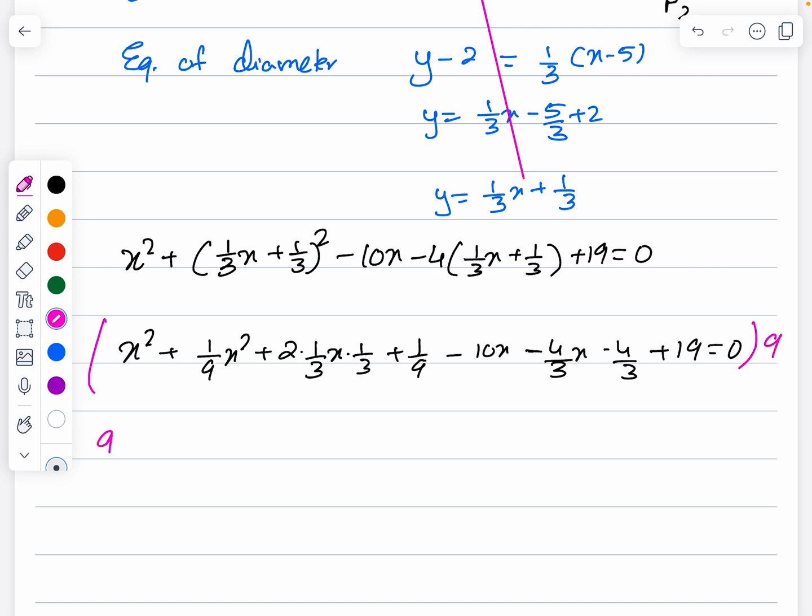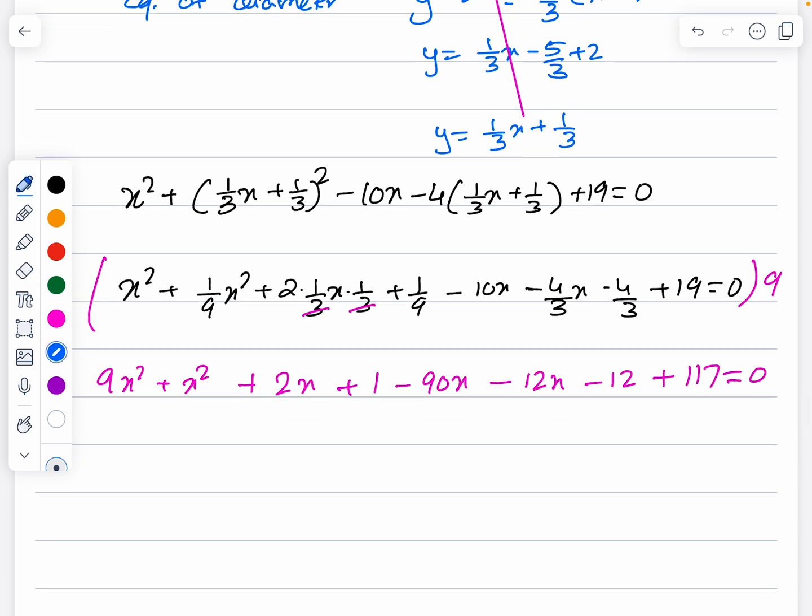So it becomes 9x square plus x square, 2x plus 1, minus 90x, minus 12x minus 12, plus 19 times 9, equals to 0. So when I simplify this one, what do I get?